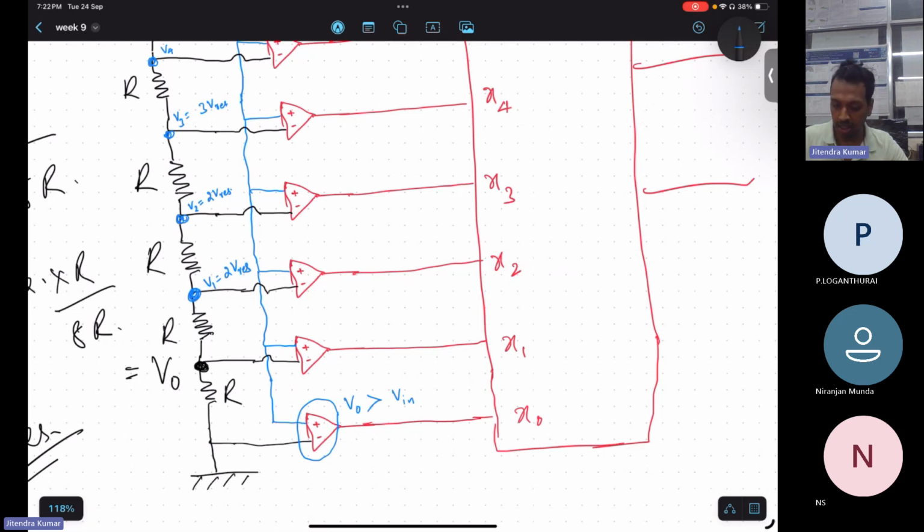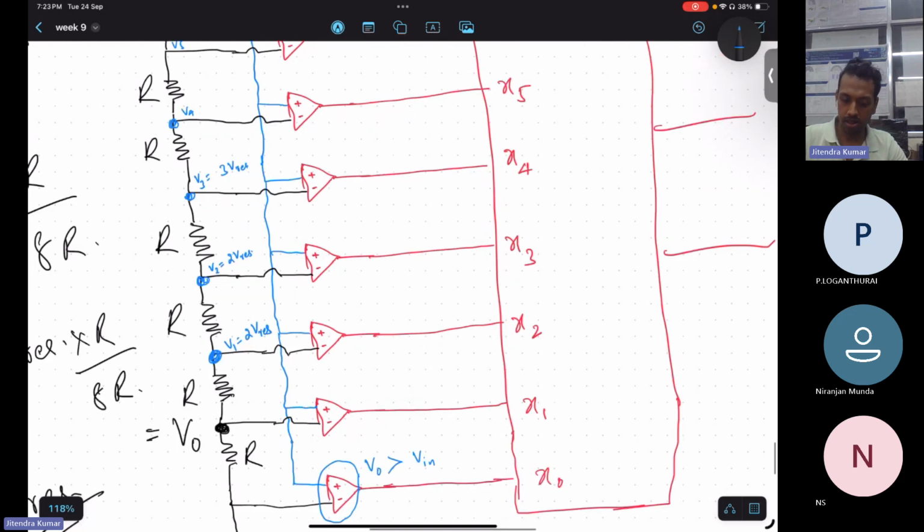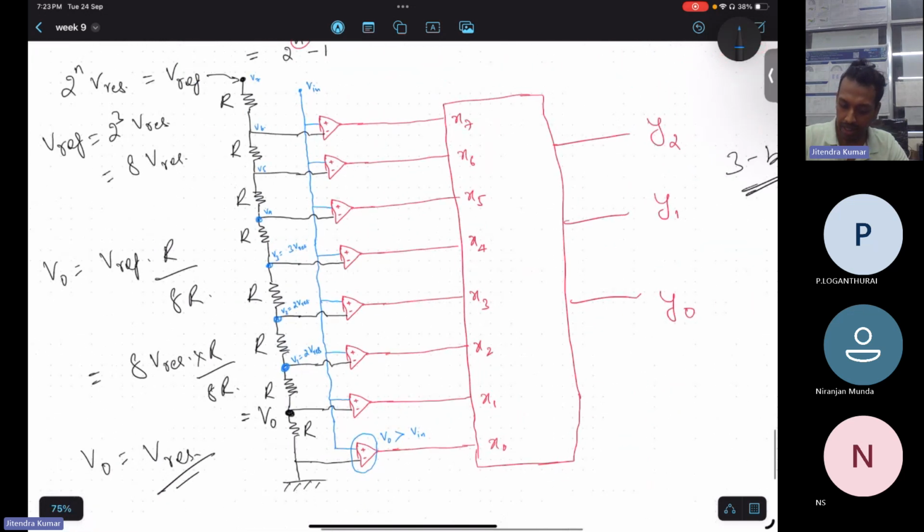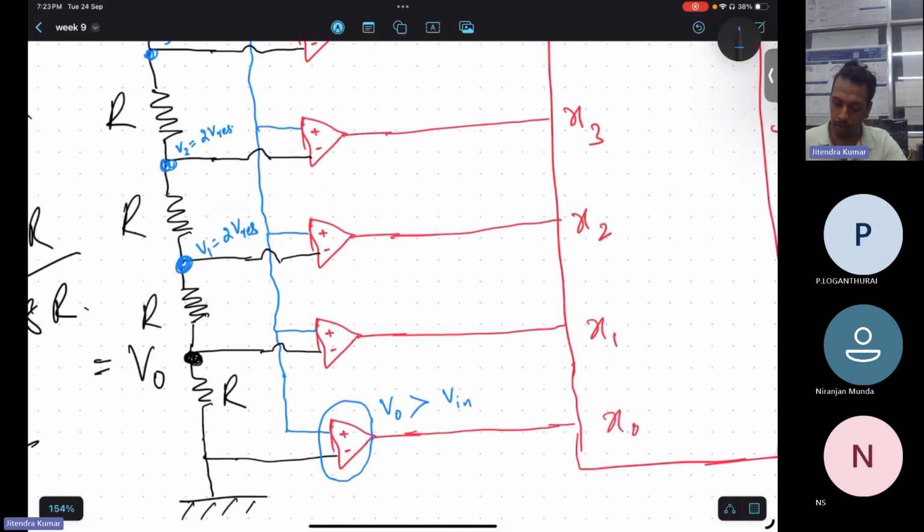If V naught is higher than V in, or V in is higher than V naught, then what happens? If the positive terminal is higher than the negative, the output will be high, right? So V0 dash, anyway, this node I am writing as V0 dash, which is 0 volt.